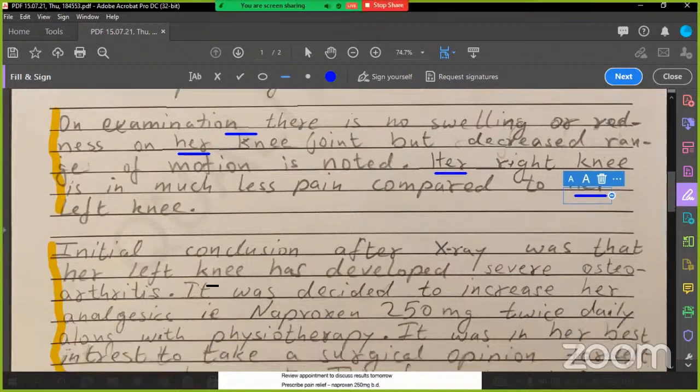Initial conclusion after X-ray was that her left knee has developed severe osteoarthritis. You can say the X-ray revealed something, based on which you diagnosed this, or concluded that. Or, X-ray confirmed the diagnosis.